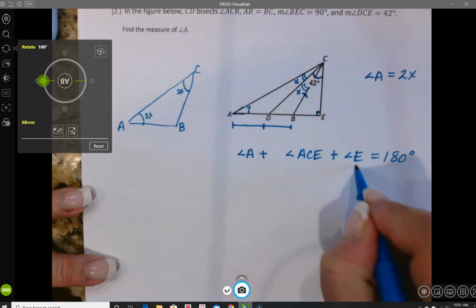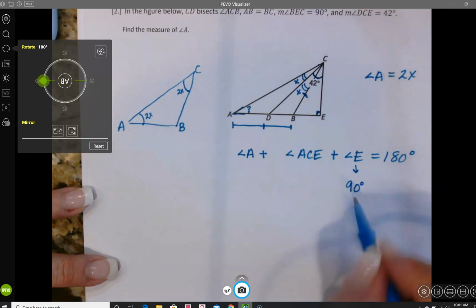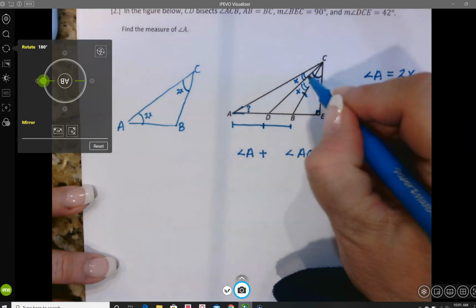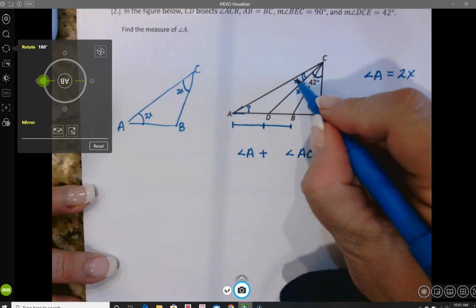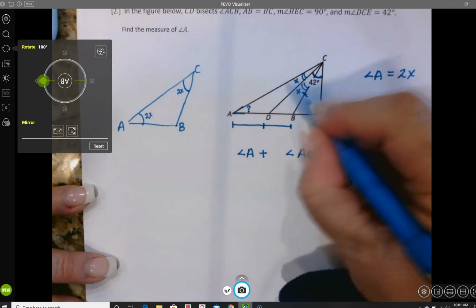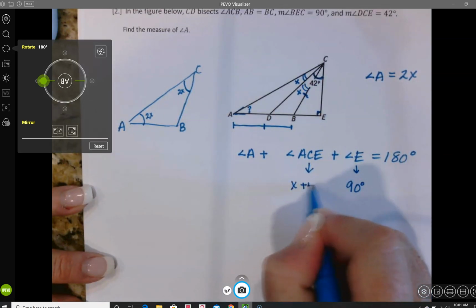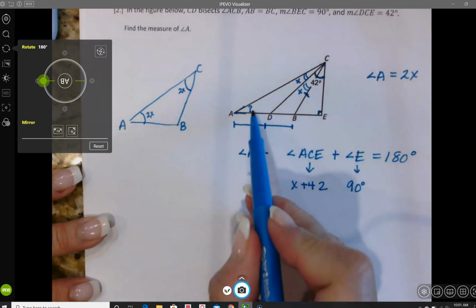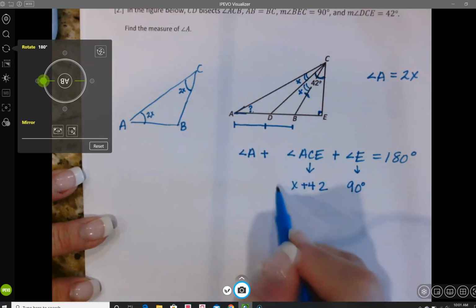Angle E we know is 90 degrees. Angle ACE is made out of, by the angle addition postulate, one of these little x's plus this 42, so I substitute x plus 42. And last but not least, we determined over here that angle A is the same as 2x.